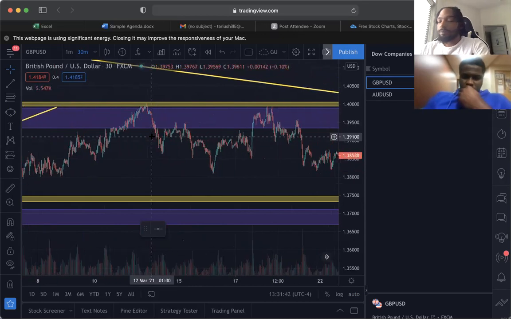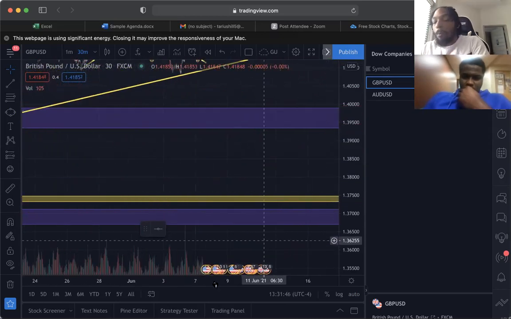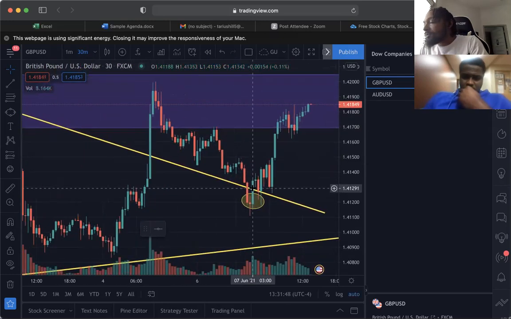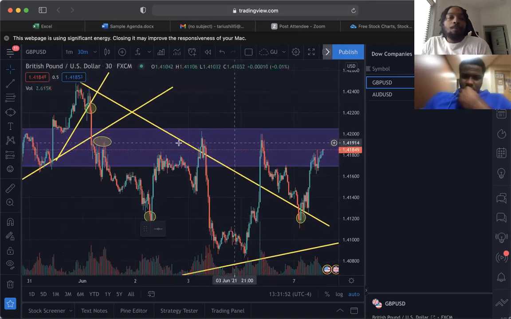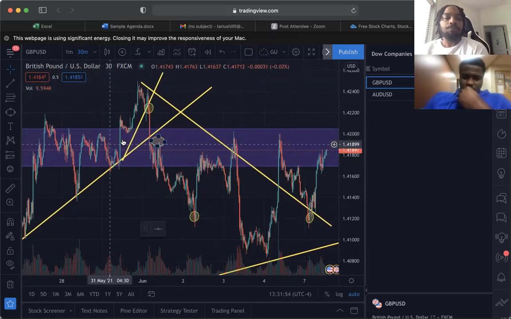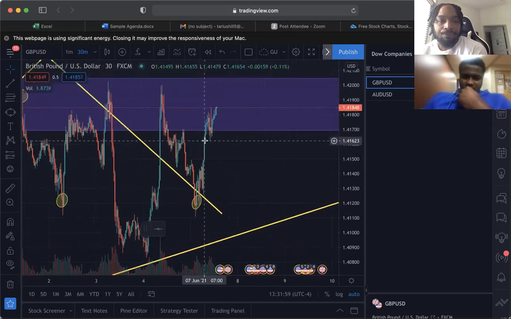So if you were coming back and looking at where current market price is, just seeing that it's already come up to the zone, do you think it's going to break out of here to the upside?